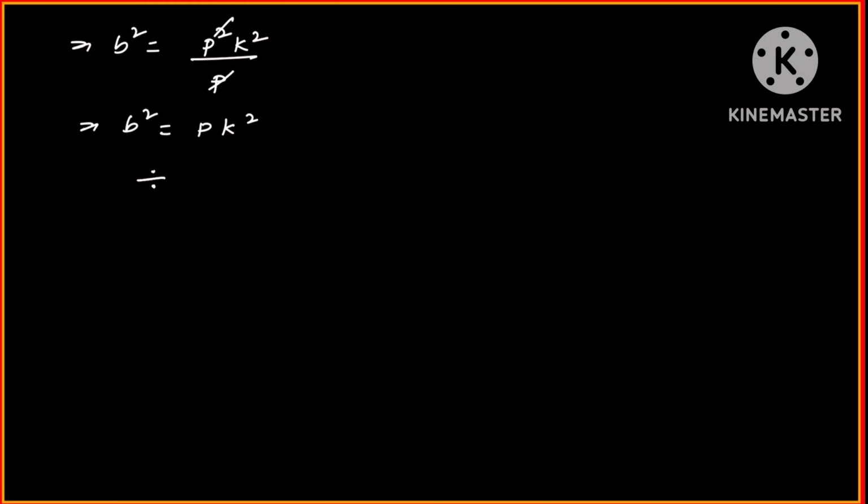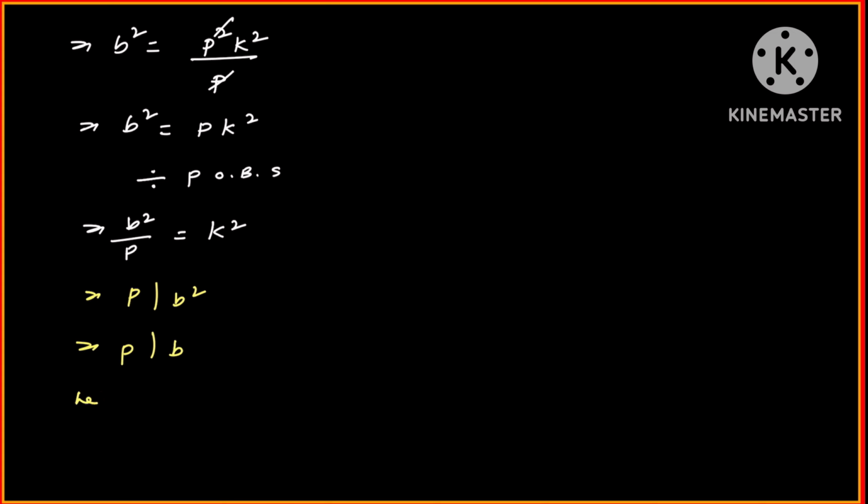If I divide by p on both sides, we get b square by p is equal to k square. Similarly, b square is divisible by p. That means p divides b square, that implies p divides b.